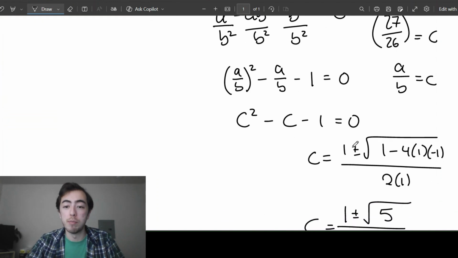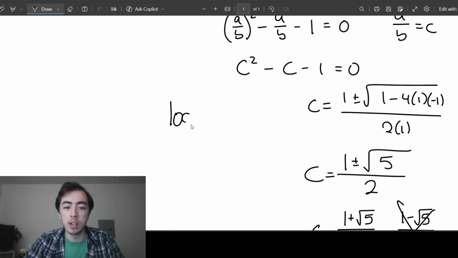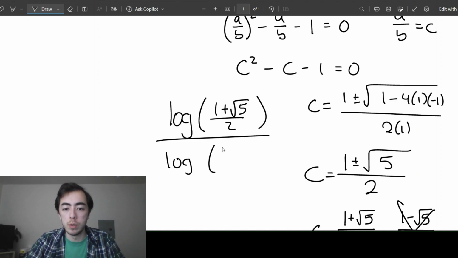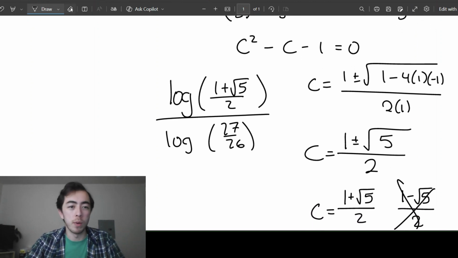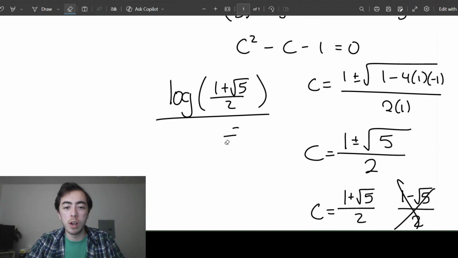First, I'm going to use the change of base rule, so I could have log of 1 plus root 5 over 2, and then log of 27 over 26. I mean, all of this is kind of unnecessary in the end. I'm just kind of renaming what this number is. We could use another log rule and split our fractions.